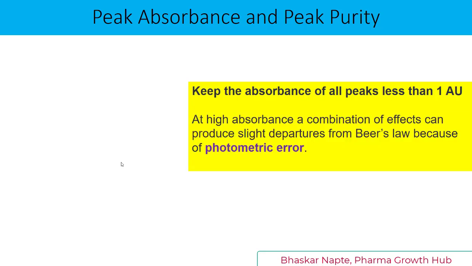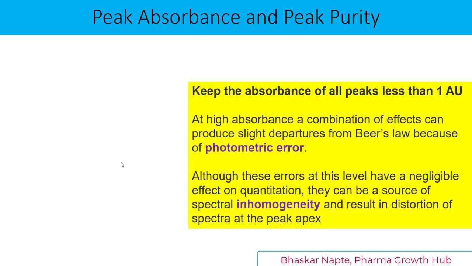The reason is at high absorbance, a combination of effects can produce slight departure from Beer's law because of photometric error. At higher absorbance, at higher concentration, you may not have a proportionate increase in the response value relative to the concentration because of the photometric error.